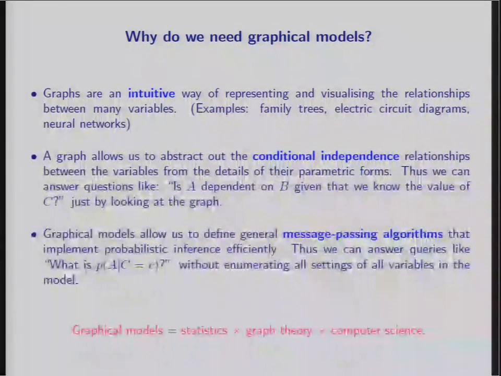Okay? So graphical models are really a very nice marriage of statistics, graph theory, and computer science. And this last aspect of it, the message passing algorithm aspect of it, is what's really made a difference in terms of scaling up probabilistic modeling to very large systems.